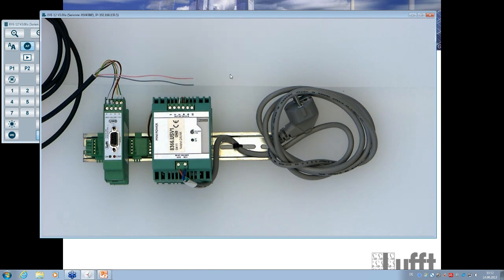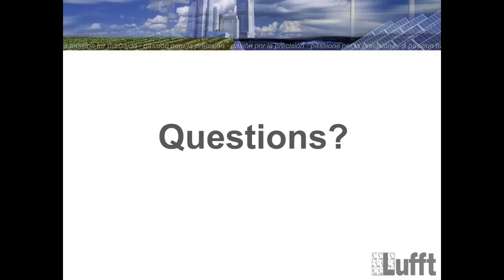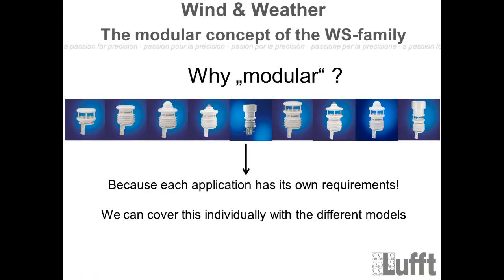All right, so let's go on to the question, why modular? And the answer is really easy. Because each application has its own requirements. That's the reason why we have this modular family concept, because every application is individual and we do not know which one is needed for which customer.